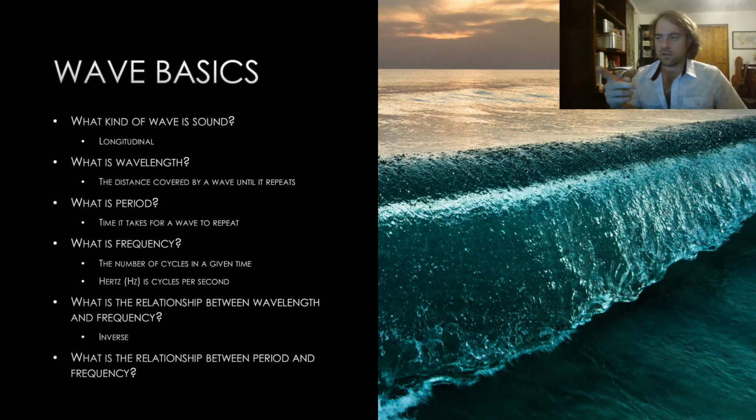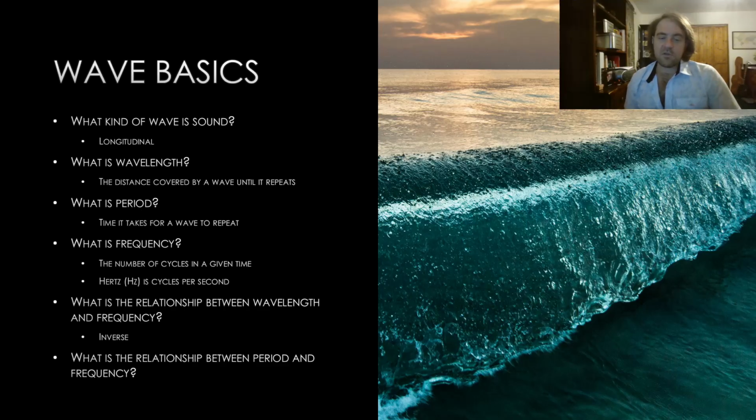I'm just coming up with those numbers, not in any real relationship. If you scrunch that distance down and it's repeating really fast, it's going to be much smaller, maybe 10 millimeters, and that's going to have a much higher frequency, let's say 1,000 hertz. So it's an inverse relationship.